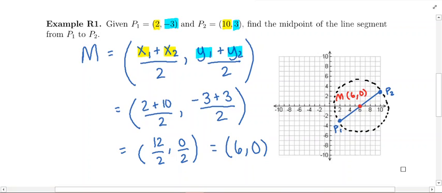So if these 2 points, P1 and P2, were points on the circle, then by calculating the midpoint, that point (6, 0), we have gotten the center of the circle. So we need that point (6, 0), the center of the circle, in order to form the equation of the circle. So this is why midpoint is going to be useful when you're working with circles.